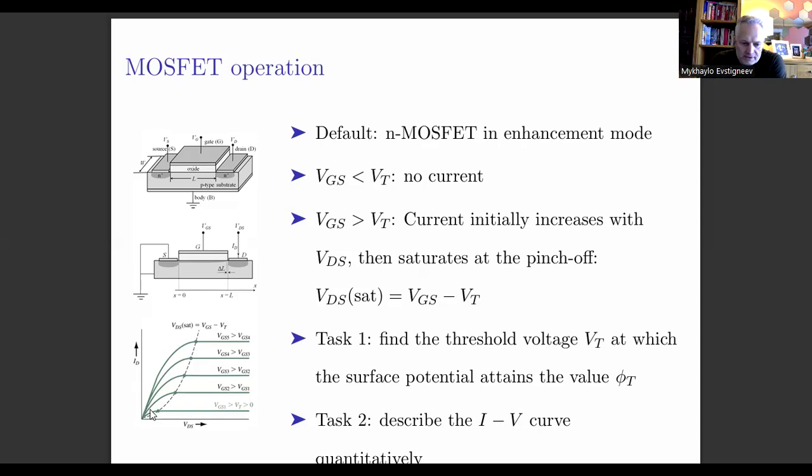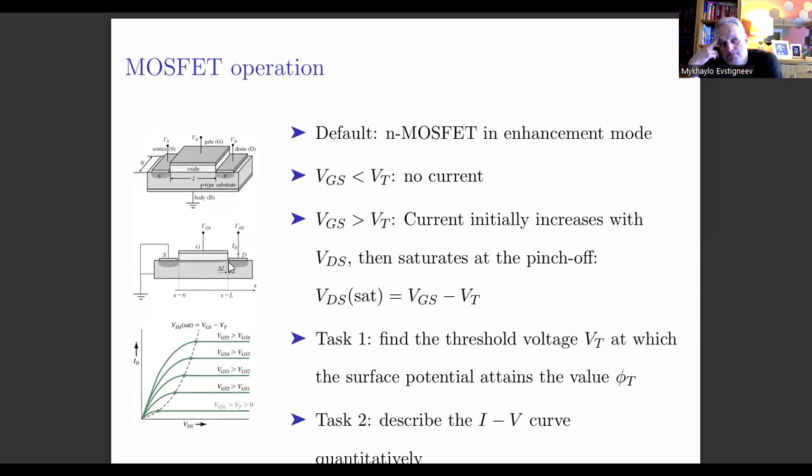Why? Because the value of the electric potential in the inversion layer actually increases. It has the lowest value 0 at x equals 0, that is where the inversion layer begins, near the source. But then as you go from left to right, from the source to the drain, along the inversion layer, the potential that you measure increases from 0 to the value V drain, the drain voltage.